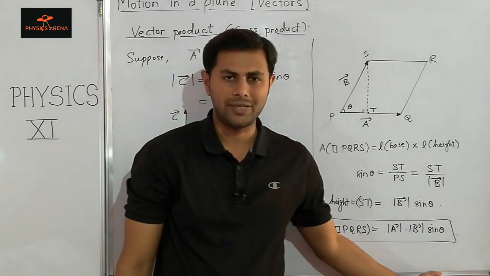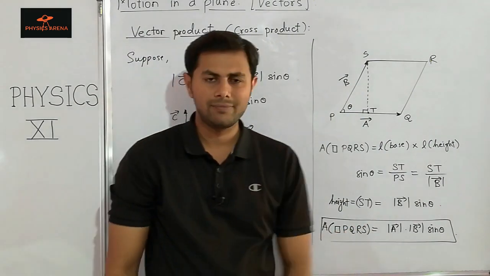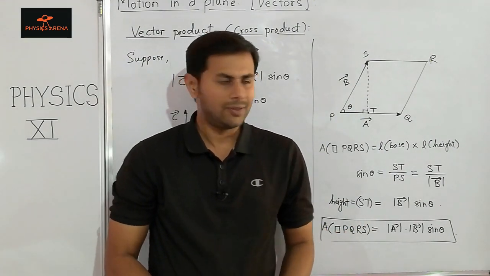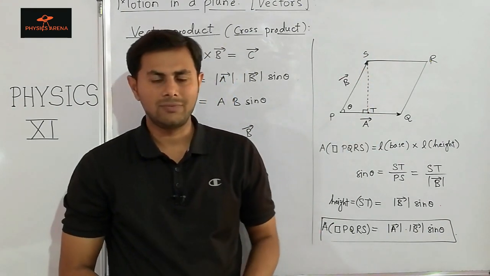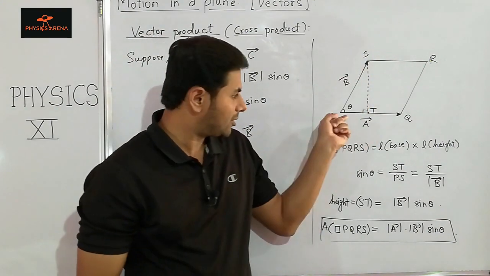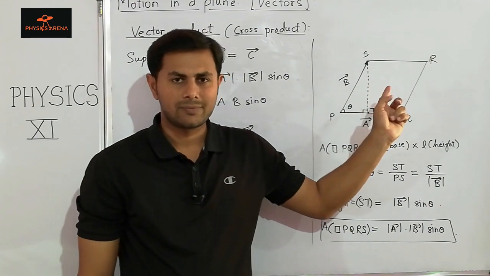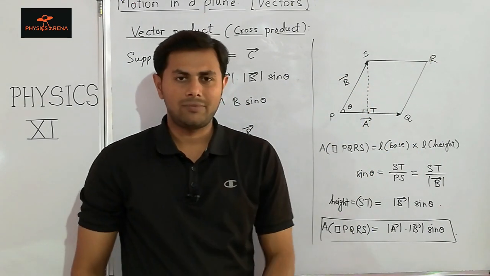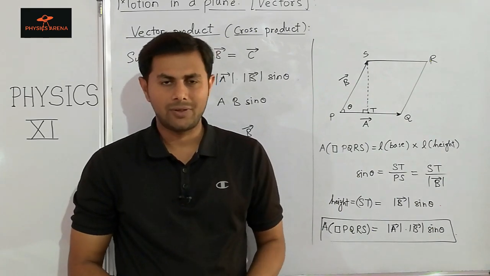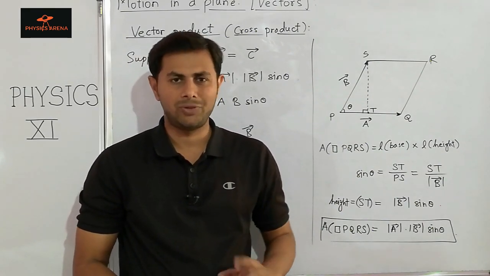Okay, so this is an application. So suppose two adjacent sides of a parallelogram are represented by two vectors, then the area of parallelogram will be the magnitude of vector product of those two vectors.